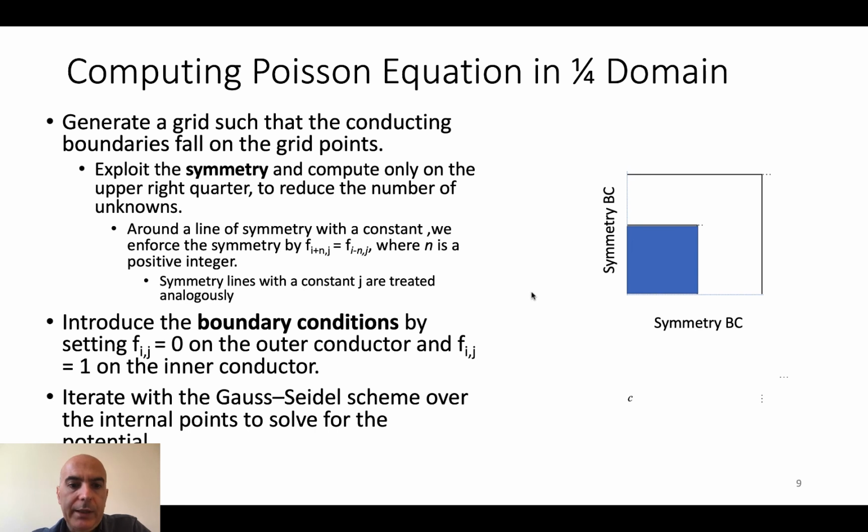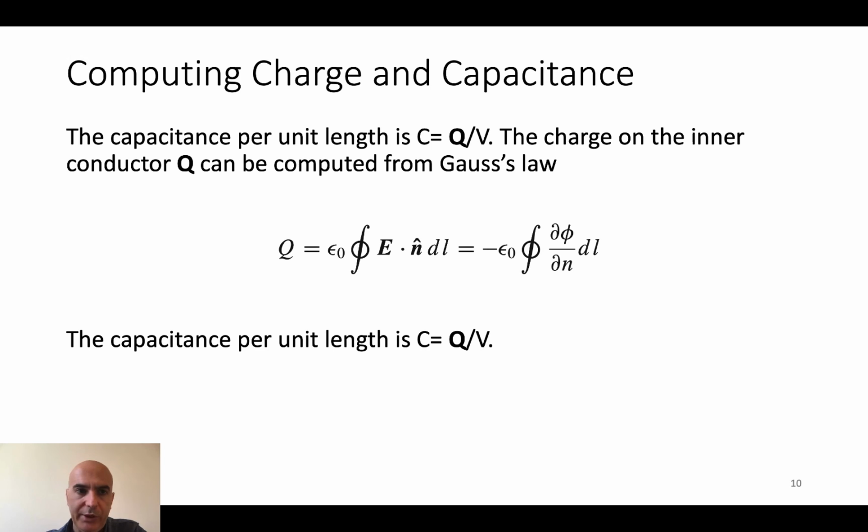The other thing we're going to do is to introduce the boundary conditions by setting our f values equal to 0 on the outer conductor and equal to 1 on the inner conductor. Then we iterate the Gauss-Seidel scheme over the internal points to solve for the potential. Once we converge to the final solution of our potential, we can calculate the capacitance.